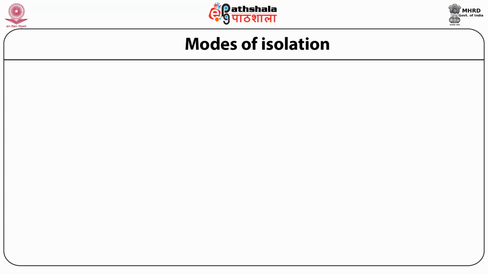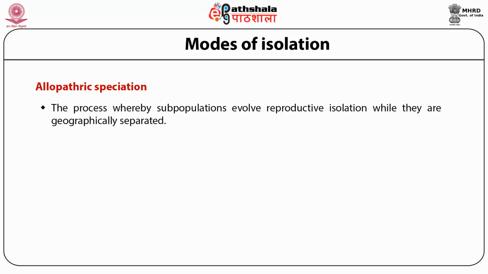As we have already discussed, there are two types of speciation, sympatric and allopatric. The key event in the formation of a reproductive isolate is the splitting of a population of organisms into one or more subpopulations that become reproductively isolated from each other. The most straightforward way for this to happen is for the subpopulations to become geographically separated so that they evolve independently.